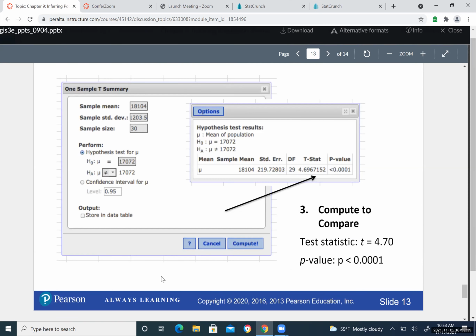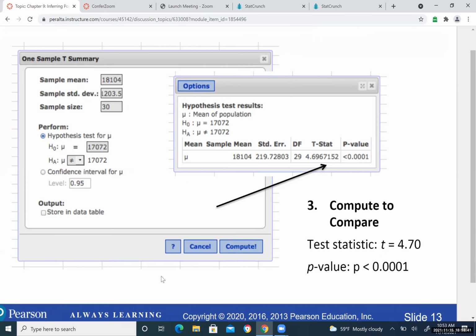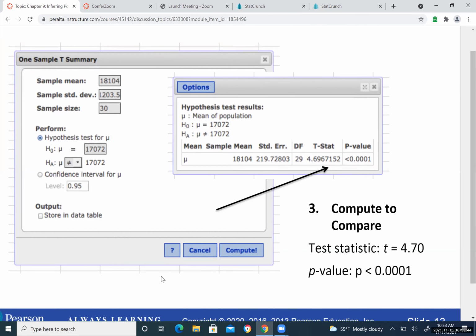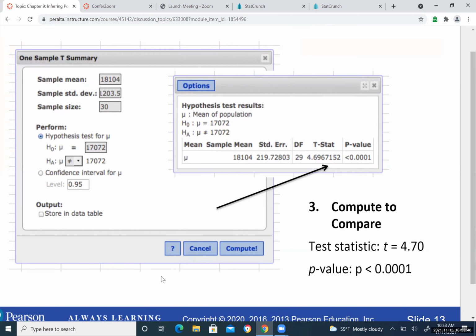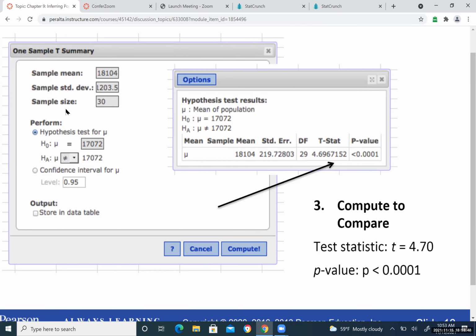When running StatQuants, it is similar to what I have done in the nursing example. You just type it in: sample mean, sample standard deviation, sample size, and click hypothesis test. So you see that here it is not equal to, because of the words "has changed."